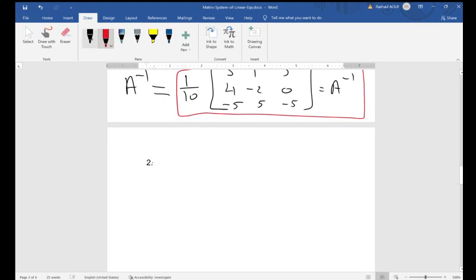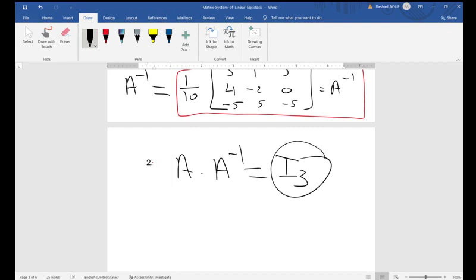If I multiply A times A minus 1, the result should be I3. So if I ask you to verify that A minus 1 is the inverse matrix of A, you just multiply A with A minus 1, and the result must be I3.